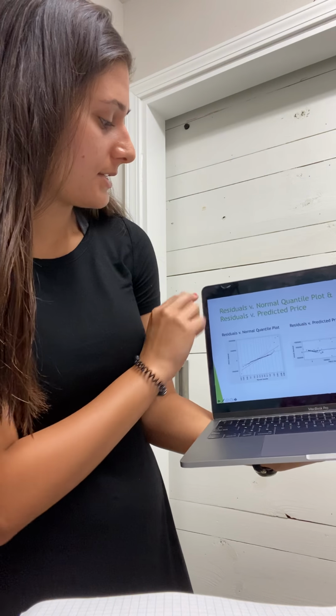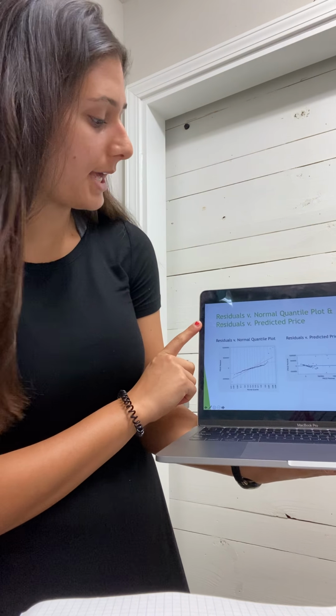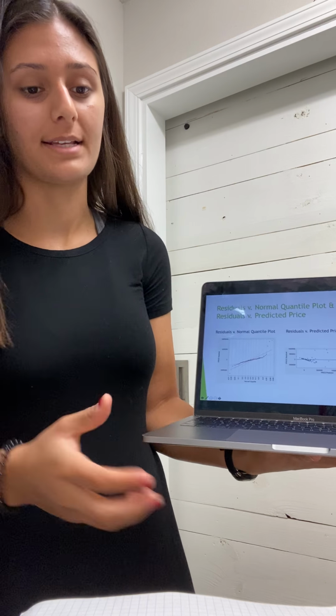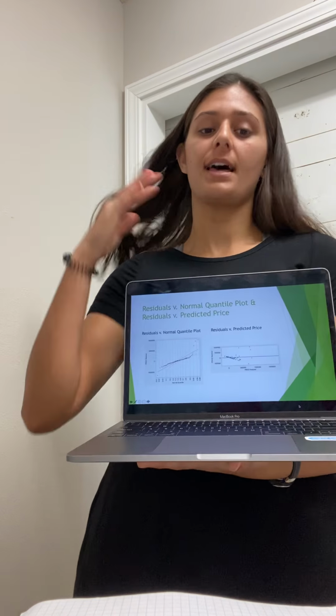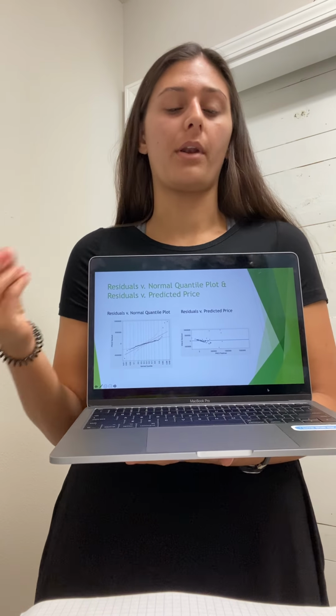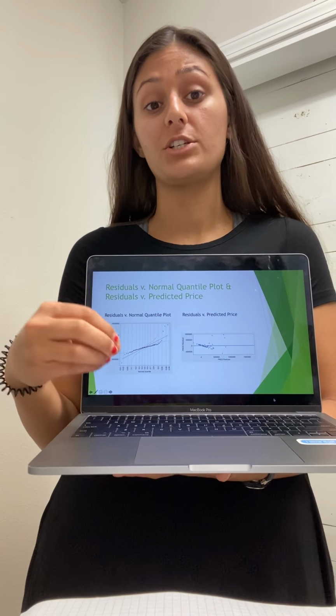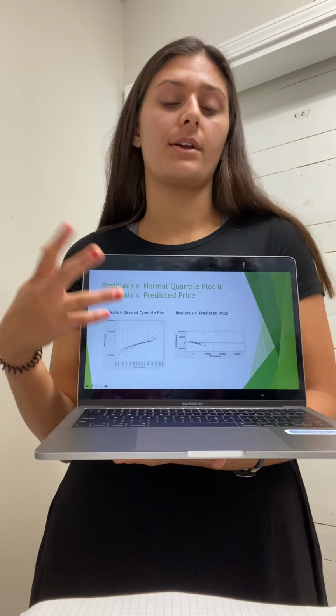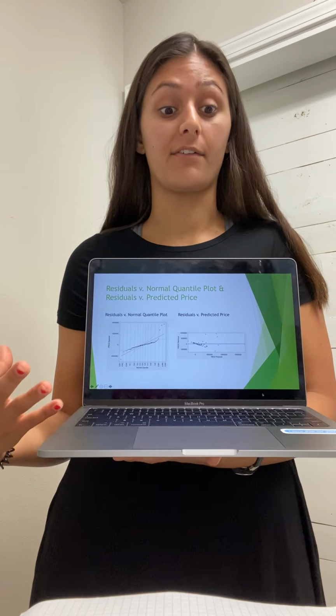Let's look further. This is the residual versus normal quantile plot, and this is the residual versus predicted price. This slide and the next will help us identify whether or not this equation meets all the necessary assumptions for this kind of model.